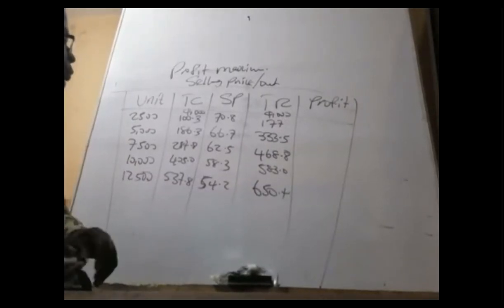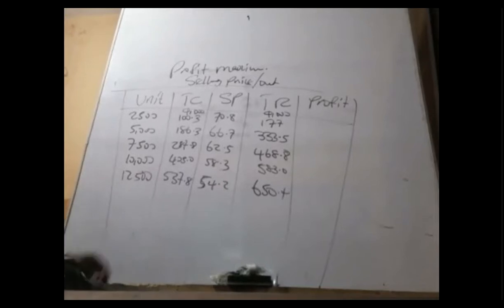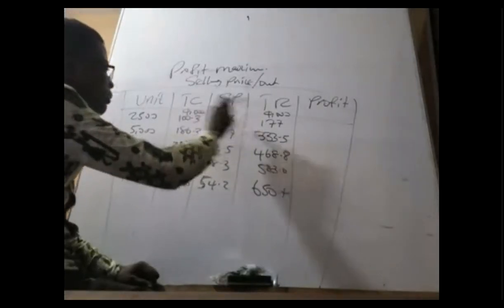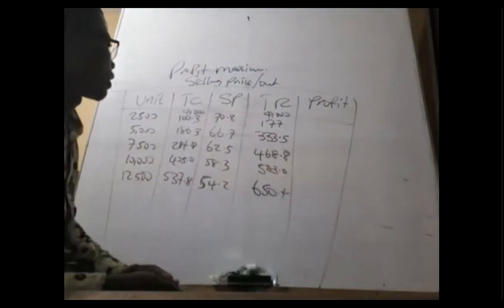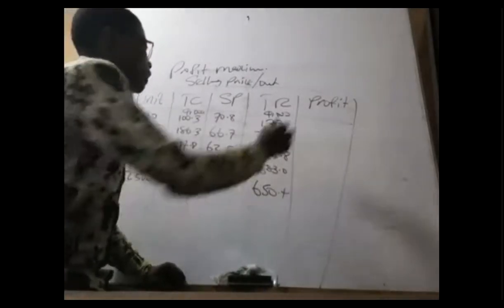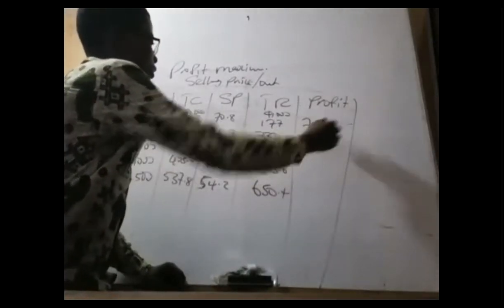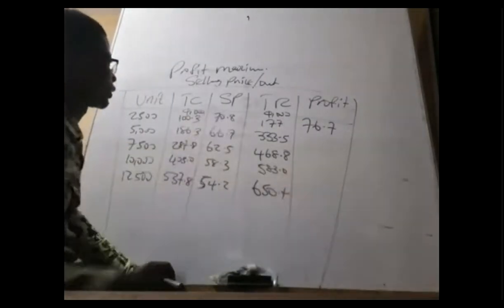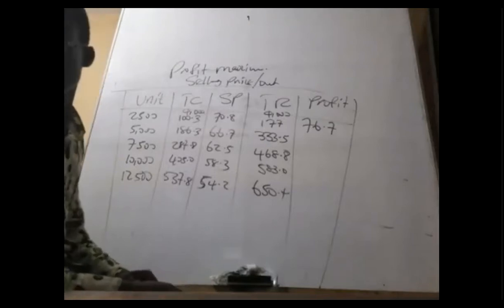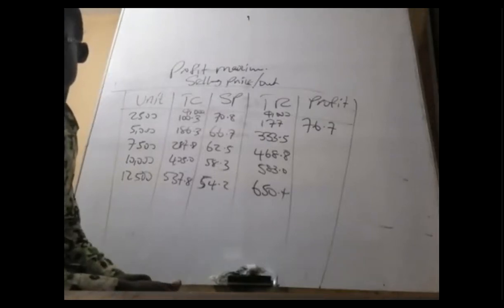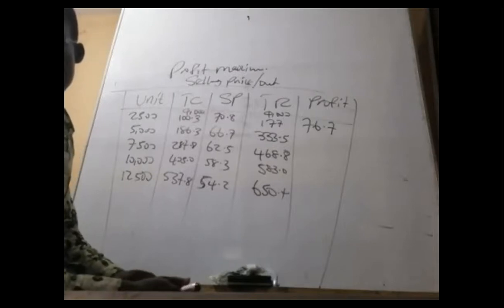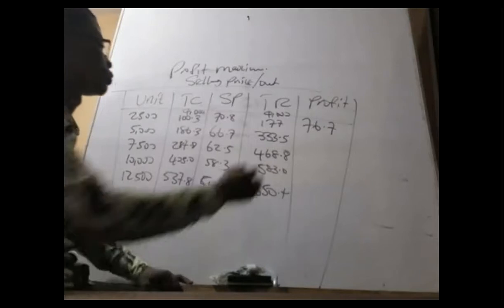What is the profit? In this question, profit is total revenue minus total cost. So what will be the answer? You should have 76.7, right? Good. This revenue minus the cost will give us 147.2.